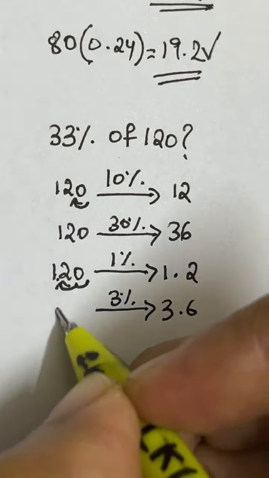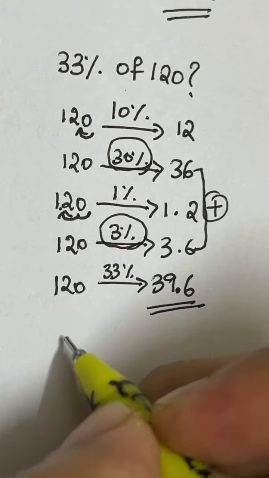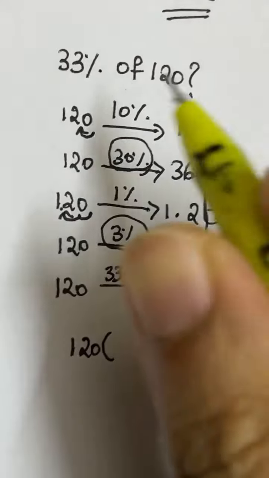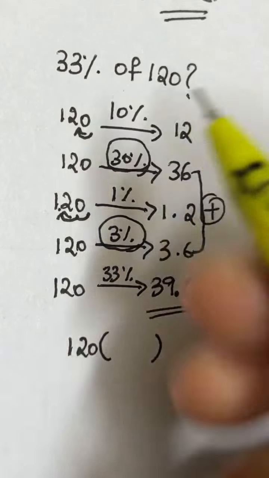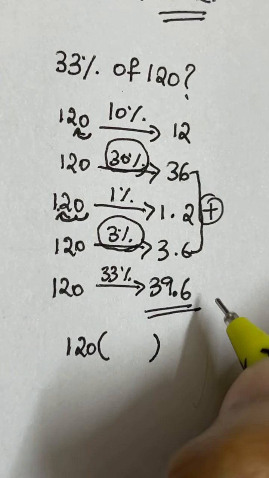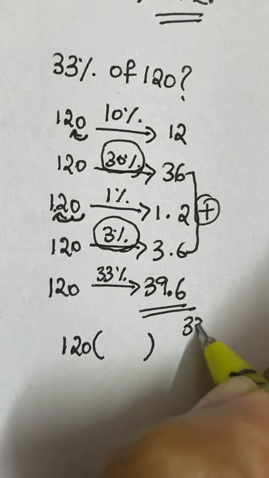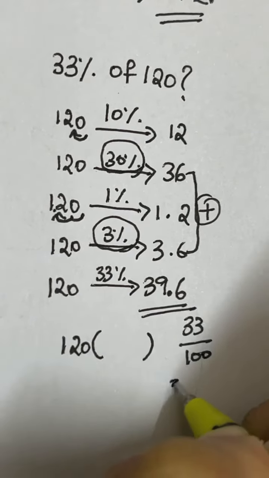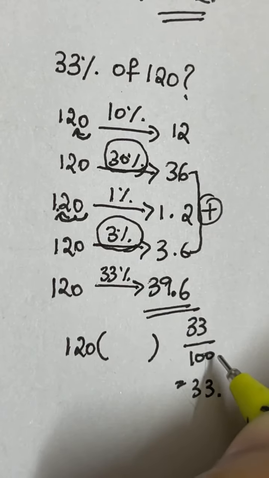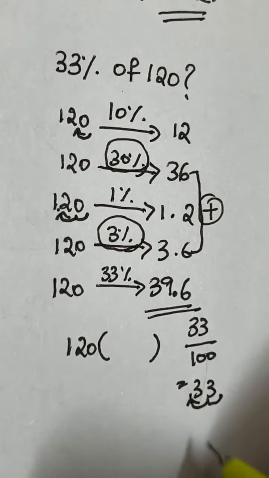And if you want to confirm it using your calculator, how are you going to confirm? You just need to write down 120 times 33% as a decimal. How would you convert 33% to a decimal? 33 out of 100. 33 per 100. Check how many zeros are there in the denominator, move 2 slots towards left. 2 zeros, 2 slots, 0.33.